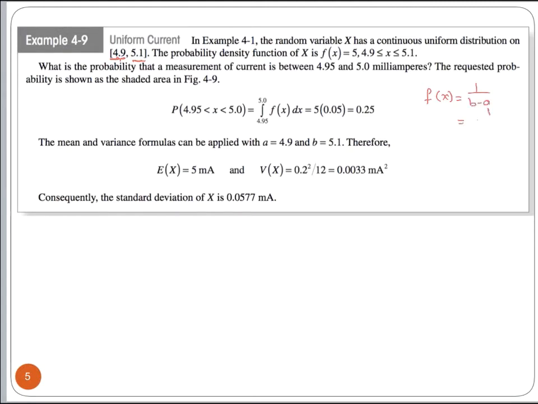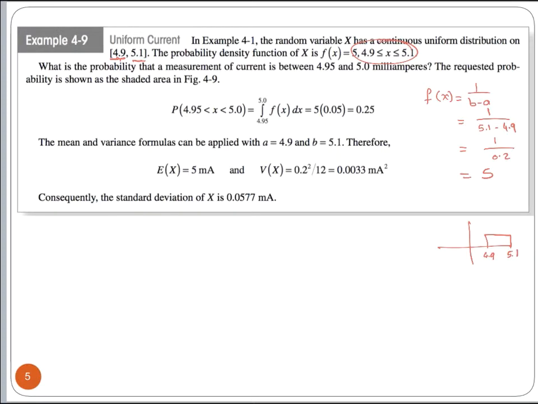So this is going to be 1 over, what's b? 5.1. What's a? 4.9, right? So it's equal to 1 over 0.2, which is equal to 5, right? And that's what we see here. So f of x is equal to 5 when x is greater than 4.9, less than 5.1. And if you want to draw that, this is how it looks like, from 4.9 up to 5.1.